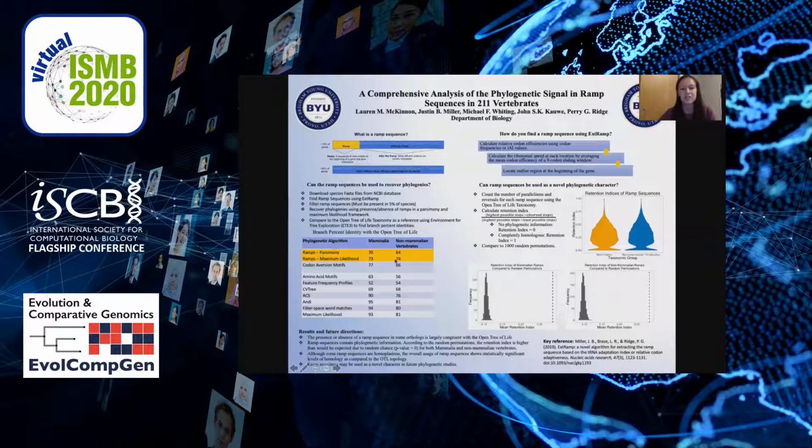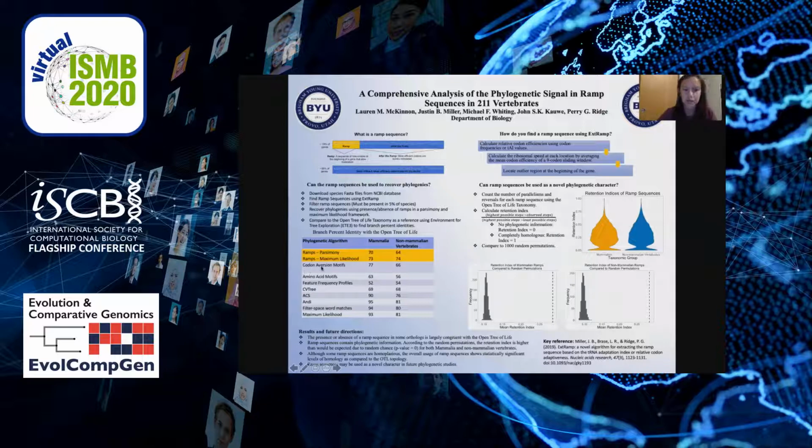So you can see in this chart that using just ramp sequences, we were able to recover around 70% of species relationships in the Open Tree of Life. And this is very comparable to other genomic attributes that I've listed here.